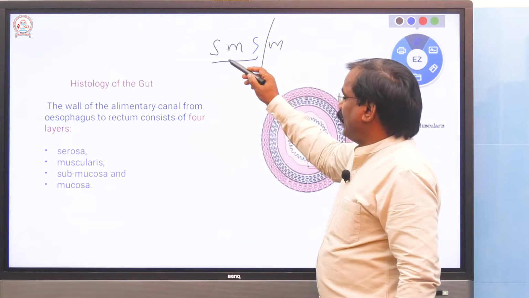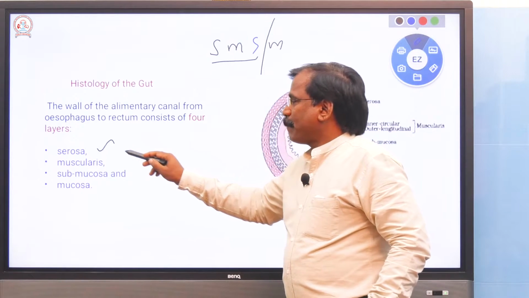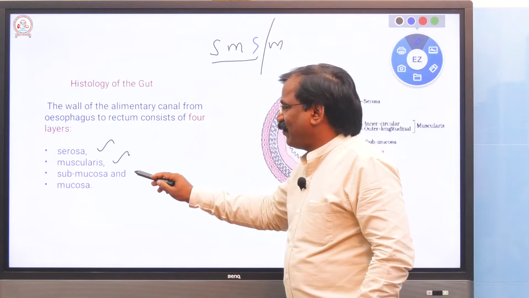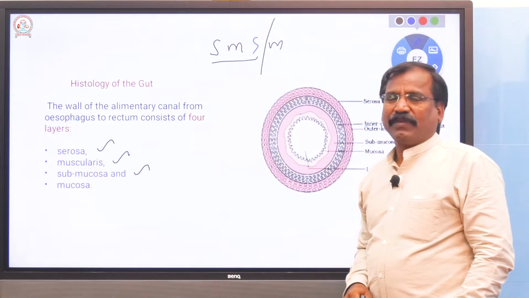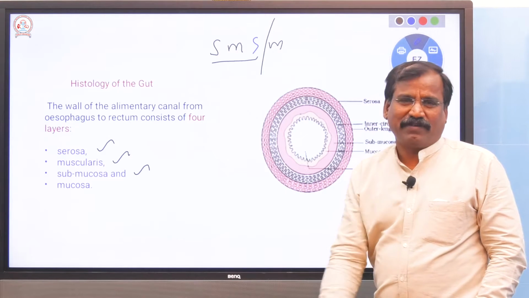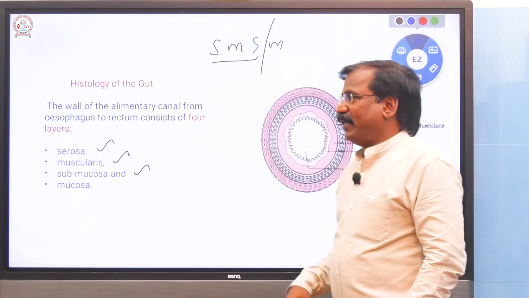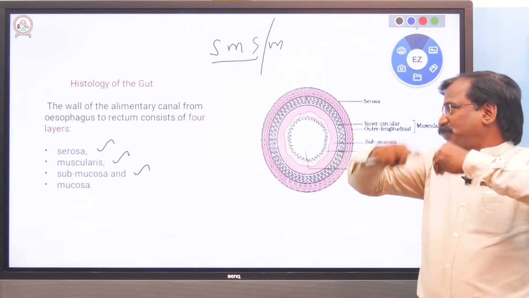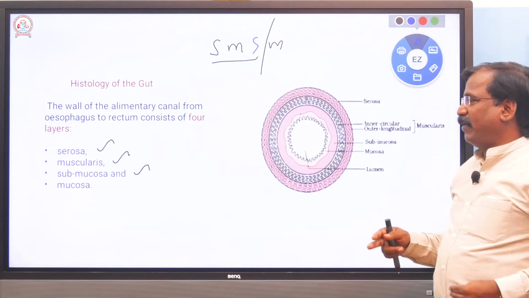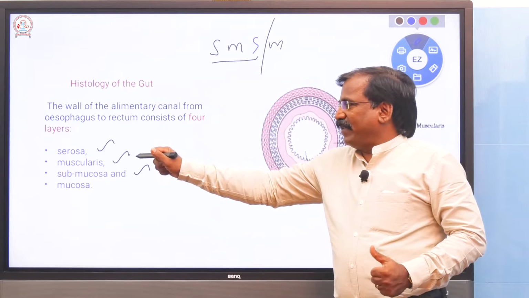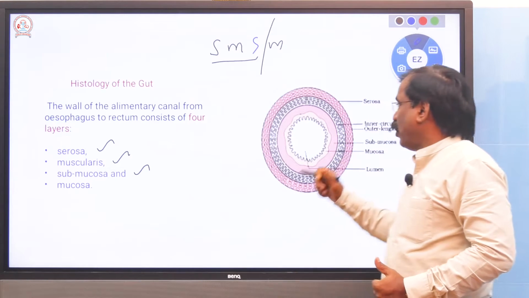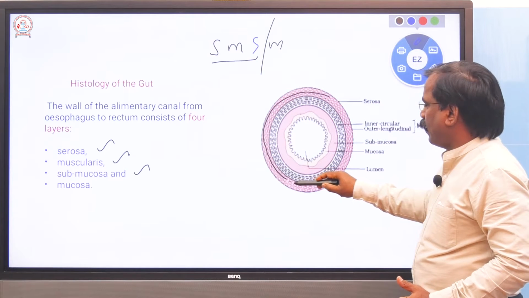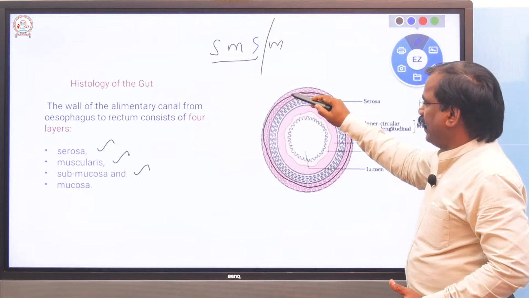The first is serosa, then muscularis, then another S called submucosa, and mucosa. The gut is made up of 4 layers: serosa, the outermost layer, then the muscularis, which is here.